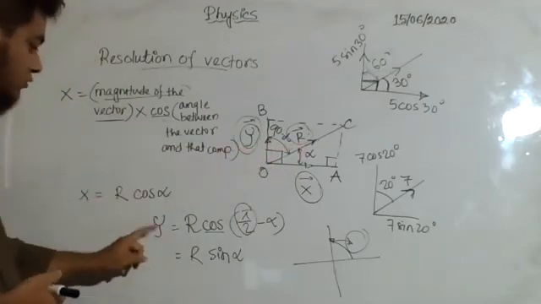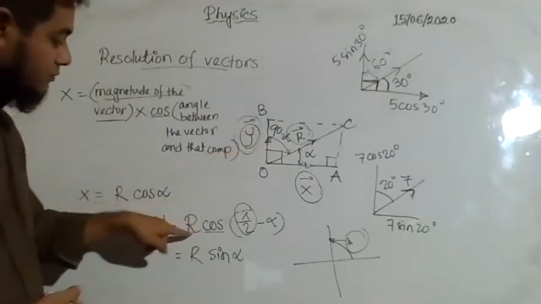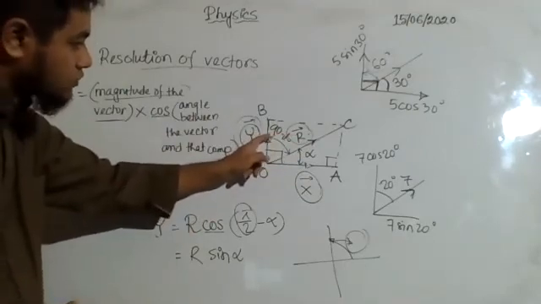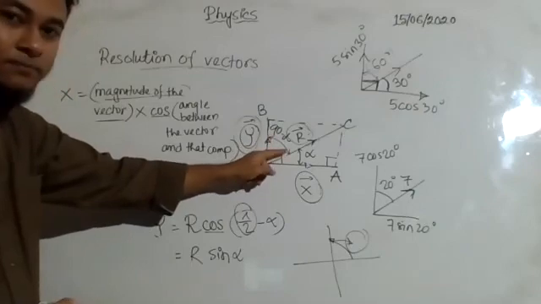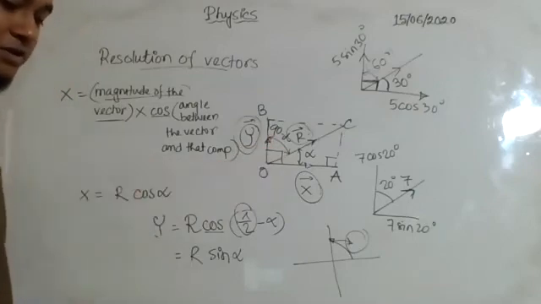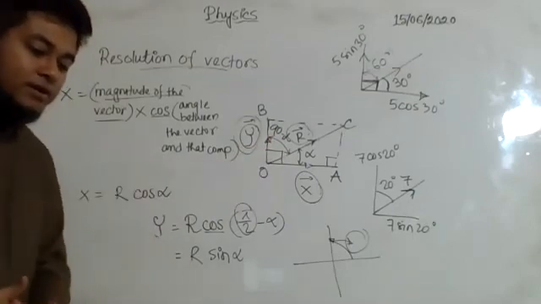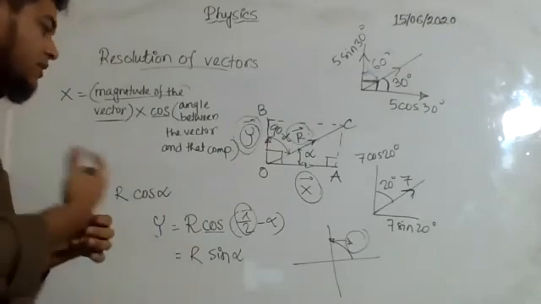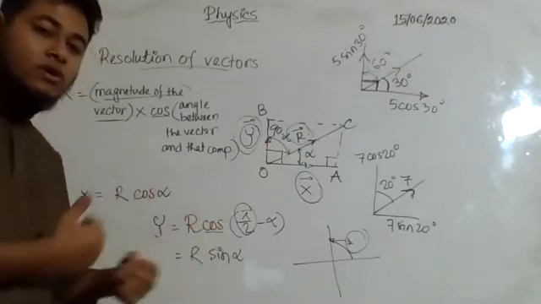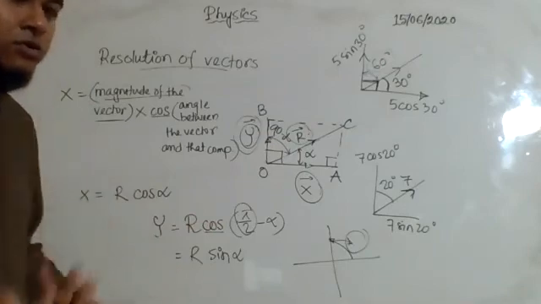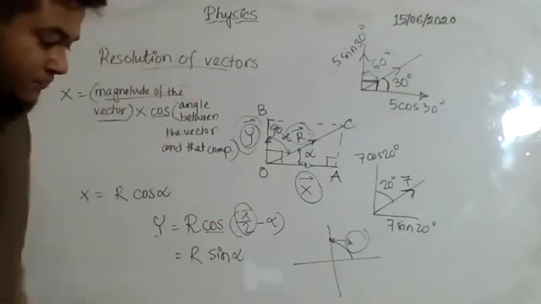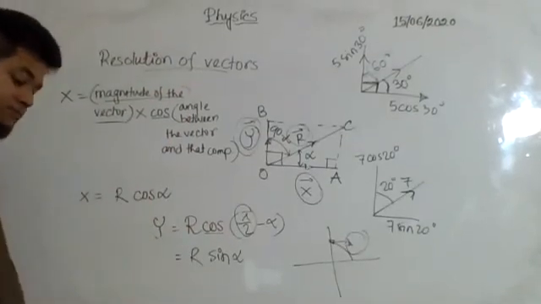And if you are finding out y, then magnitude of the vector and the cos of the angle between them. Okay, so if you write it in this way, then you don't have to take any headache about sine alpha. Everything you can write along cos alpha, and whenever it is supposed to come sine alpha, it will automatically come. Okay, anybody have any question?